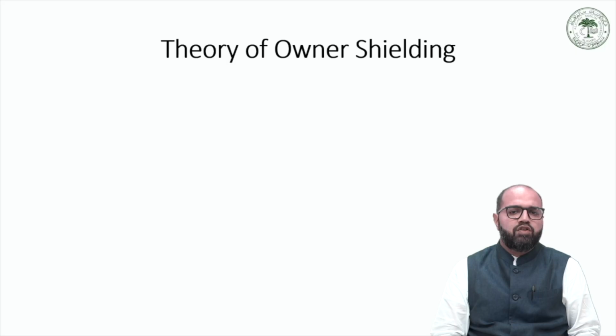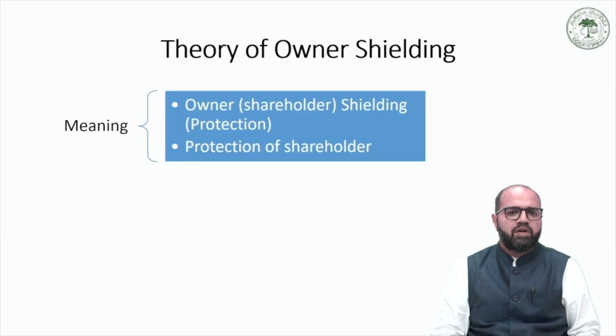So the theory of owner shielding refers to the rules that protect the personal assets of a company's shareholders or owners from the claims of the company's creditors. So this owner shielding is essentially protection of a shareholder. Now it protects what?